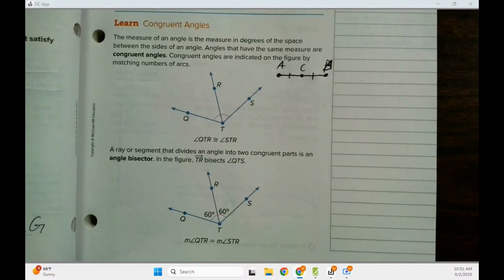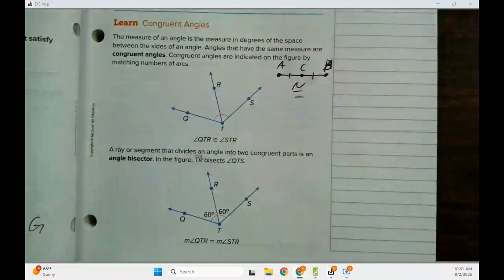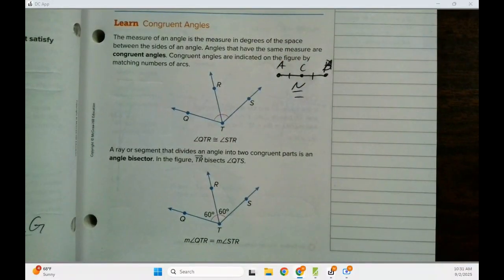What was the symbol we used to talk about bisecting? It wasn't an equal sign. Got a little squiggle. Ooh, congruency. It looks like this. It's like a little squiggle, and then like an equal sign under that.